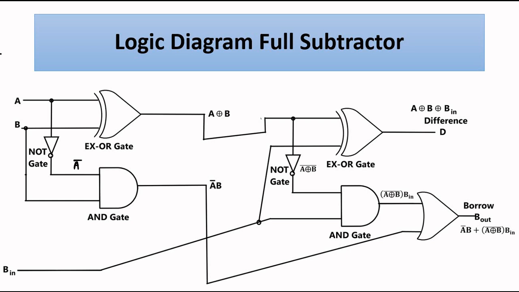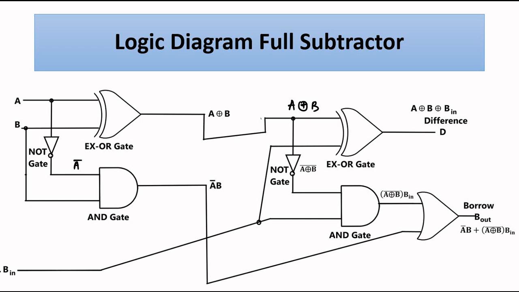Then again this A XOR B, we pass it as one input to another XOR gate, and then the input borrow is provided as the second input to that gate. So we get the difference output A XOR B XOR B in. Then again this A XOR B, we pass it through a NOT gate to get A XOR B bar.